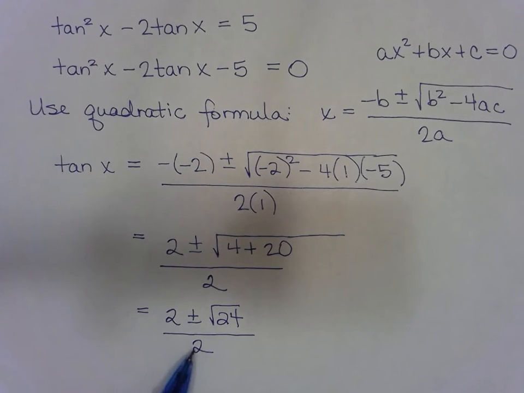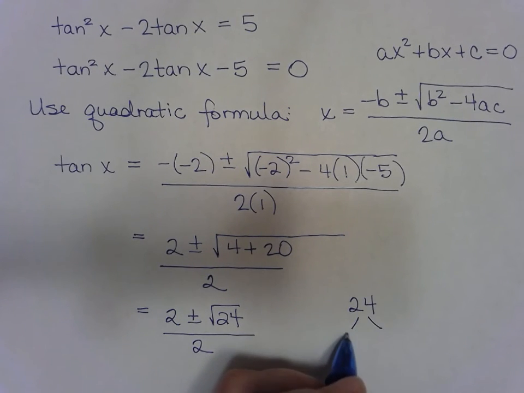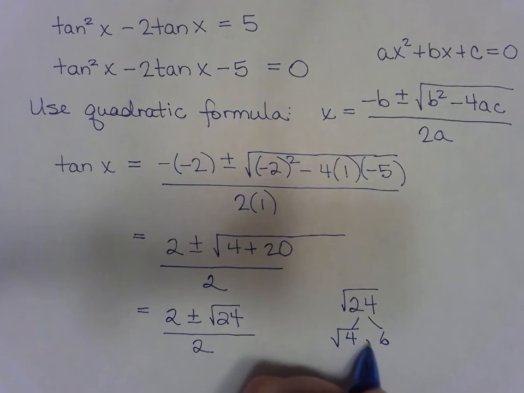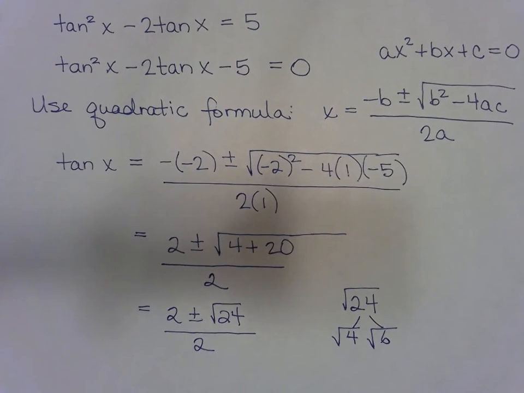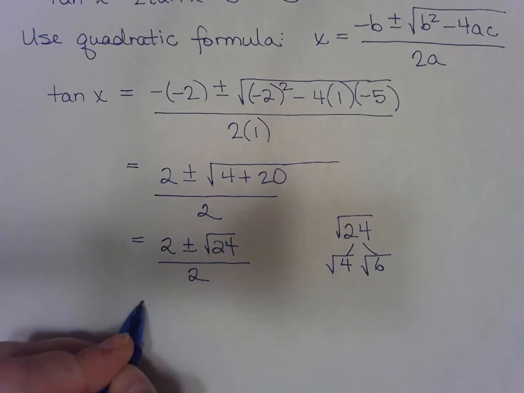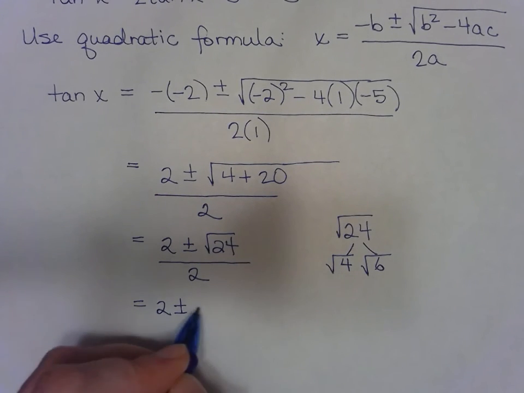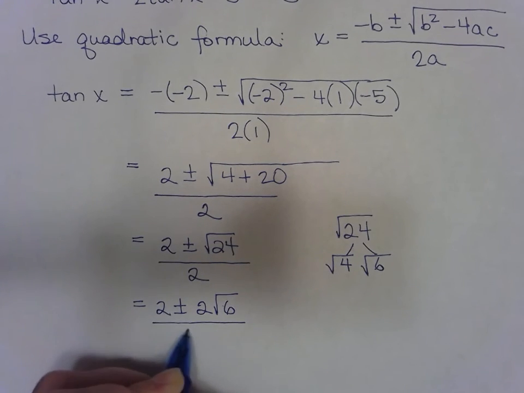Here's where our algebra skills are coming into play here, right? Remember, 24 is 4 times 6. So I can break it up as the square root of 4 times the square root of 6. So that's going to give me 2 plus or minus the square root of 4 is 2 times the square root of 6 over 2.